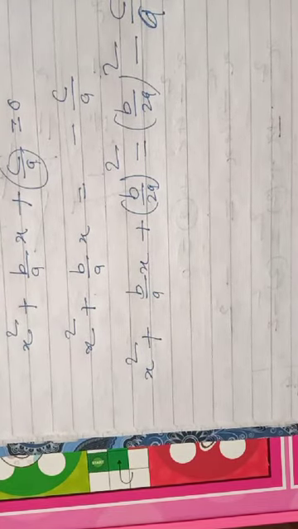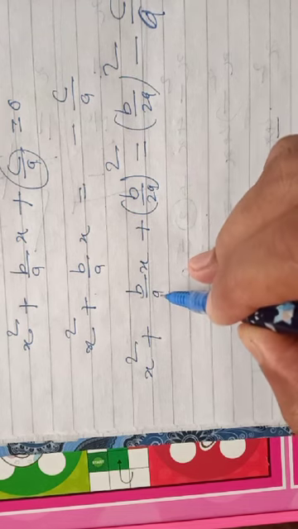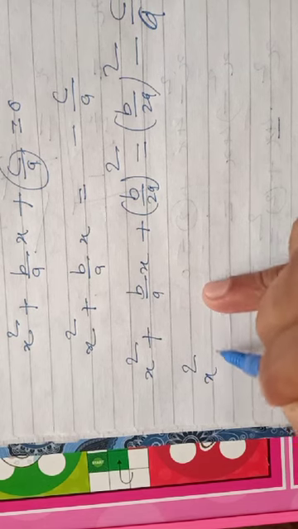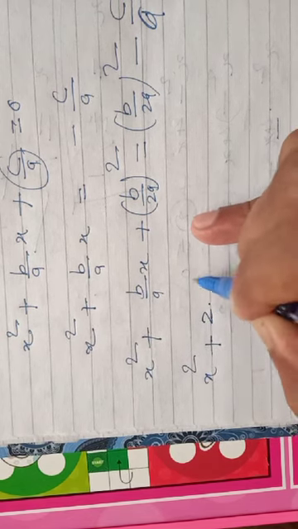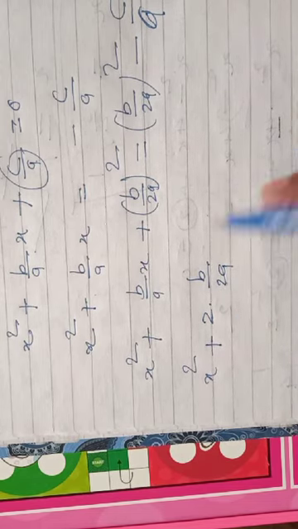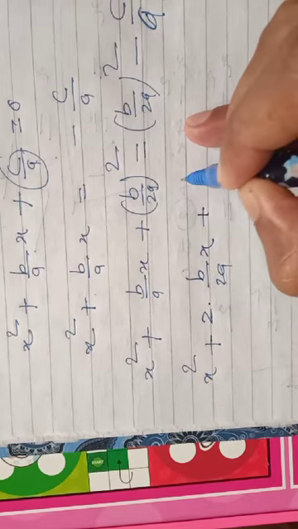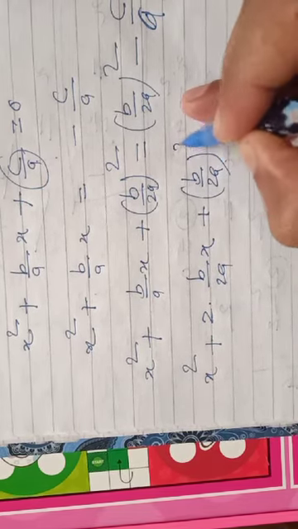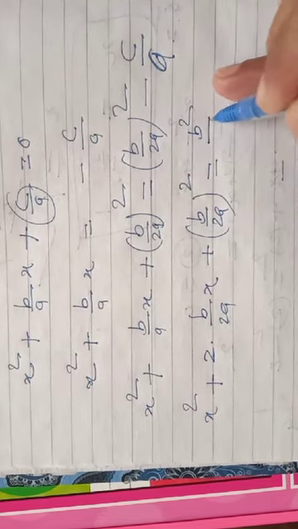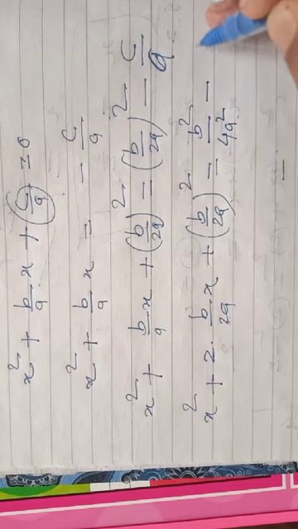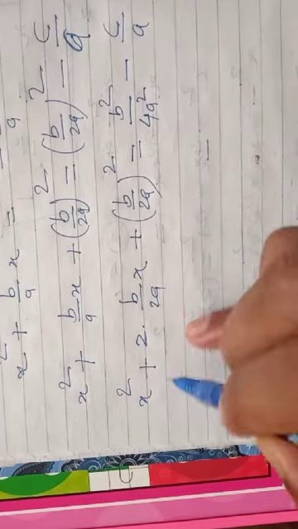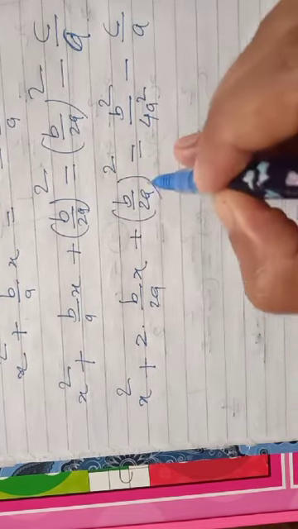Now a square plus b square plus 2ab, so we should bring it into the formation of the identity. x square plus 2 into b upon 2a. 2 divided by 2, it means the value will be b upon a, so no change will be there. Plus b upon 2a whole square is equal to b square upon 4a square minus c upon a. Clear?